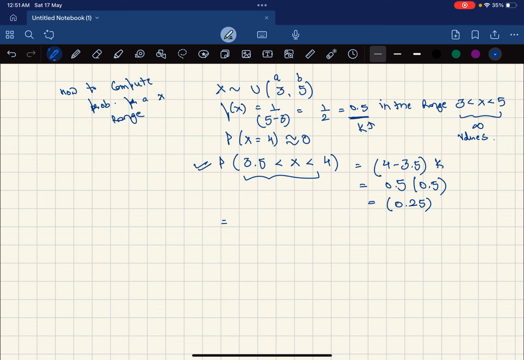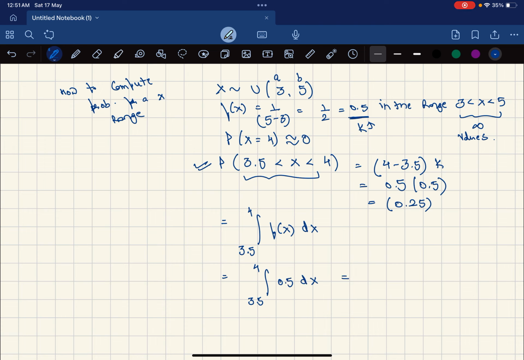So if you remember, we simply integrate the PDF in the given range, which is 3.5 to 4, to get the required probability, and the probability density function again is already defined as 0.5 above.